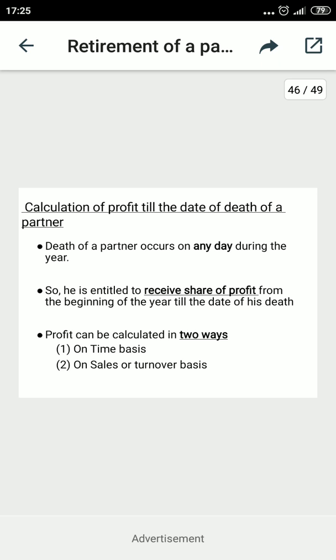The death of a partner may occur on any day of the accounting year. So there is a need to give his share to him from the beginning of the year till the date of death. Suppose the accounts are closed on 31st March, so after 1st April onward, if death occurs, you have to calculate the time period from 1st April till the date of death.